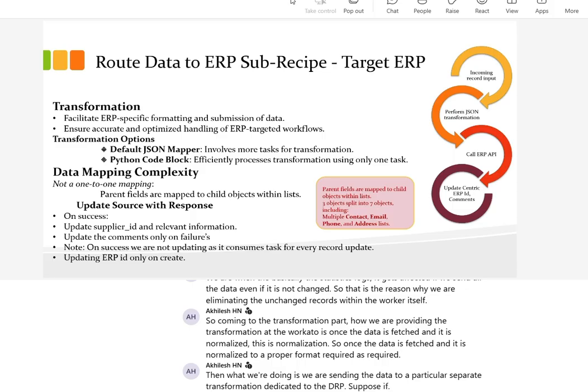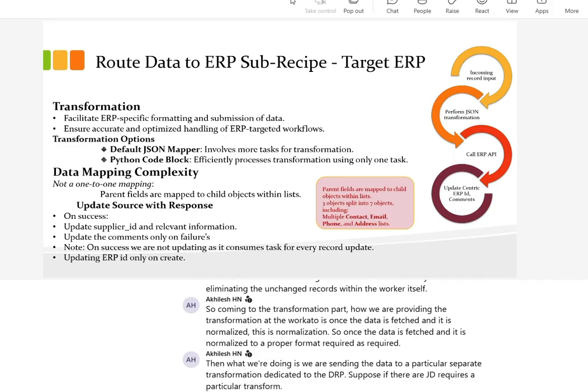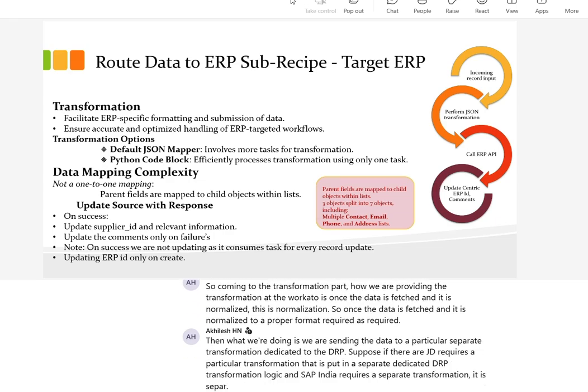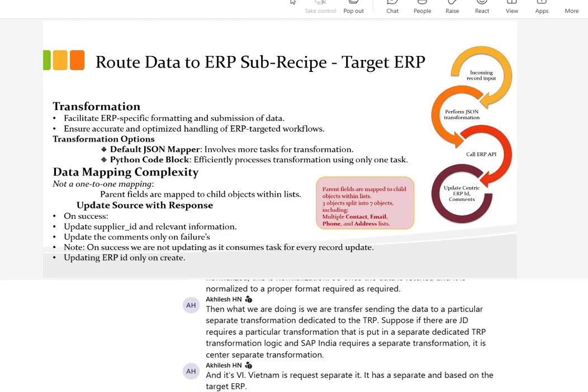Suppose JD requires a particular transformation, that is put in a separate dedicated ERP transformation logic, and SAP India requires a separate transformation, it is sent to a separate transformation, and SAP Vietnam requires a separate one, it has a separate one.